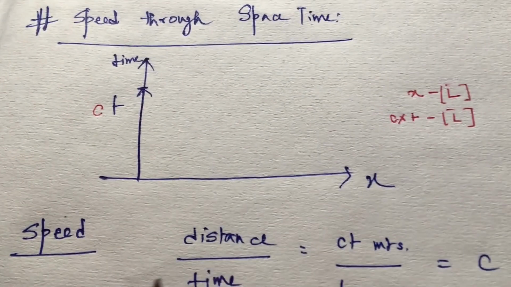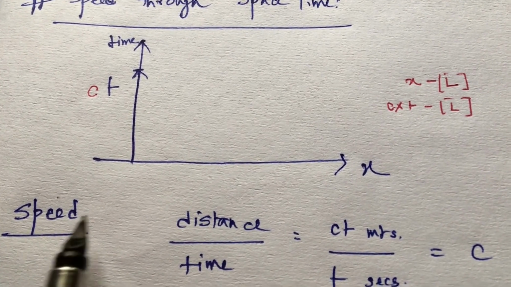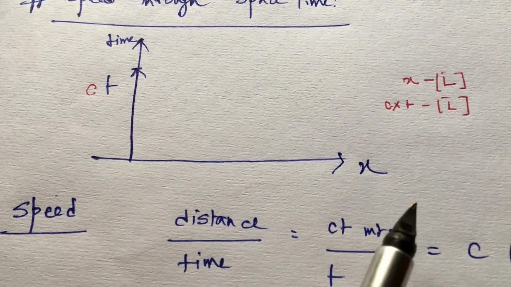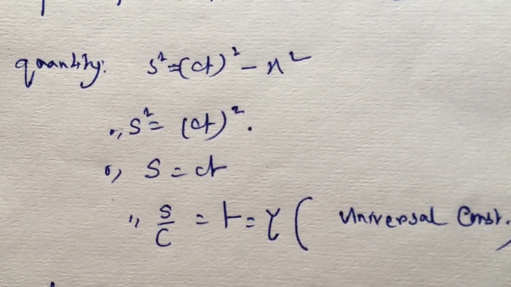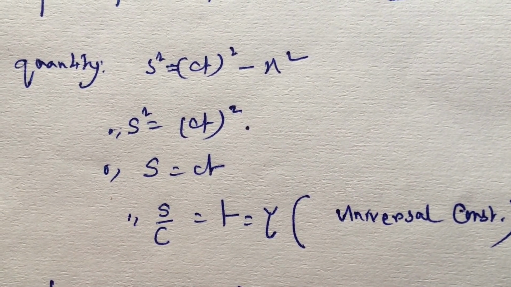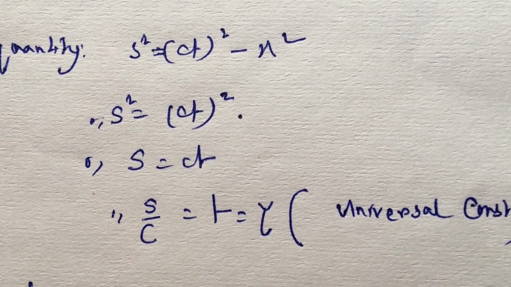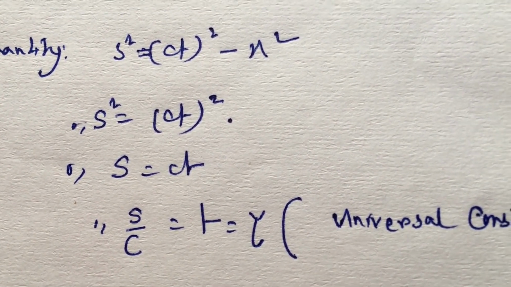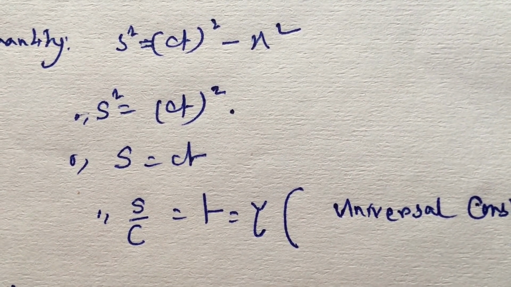As the observer is not moving at all along this x-axis, x must be 0. If we put x equal to 0 here, I will get s squared equal to ct whole squared, which means s equals ct, which in turn gives me s by c equal to t, which is time, that is distance by speed, and that is equal to tau.